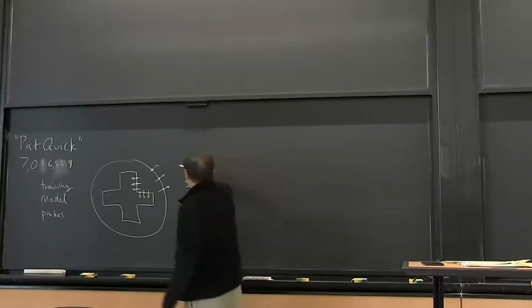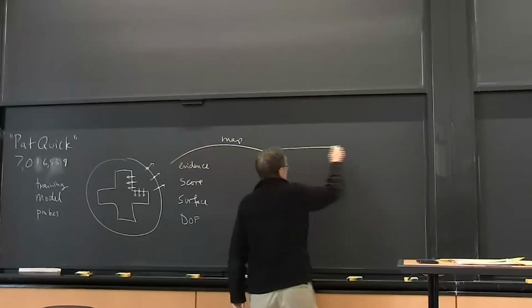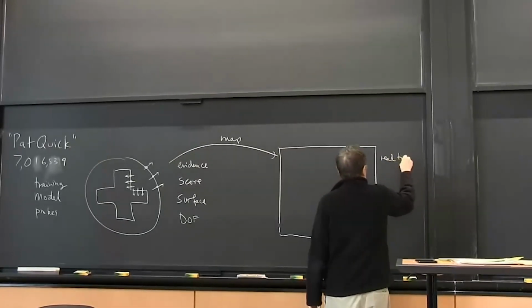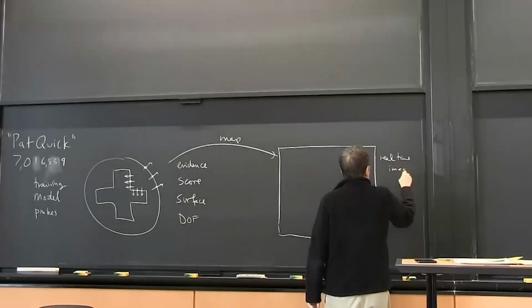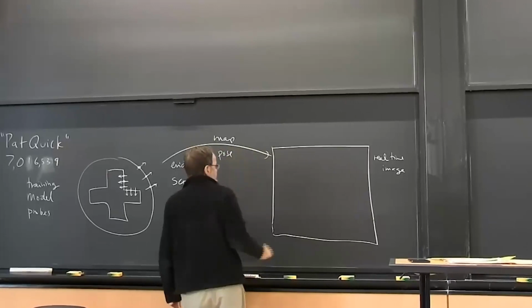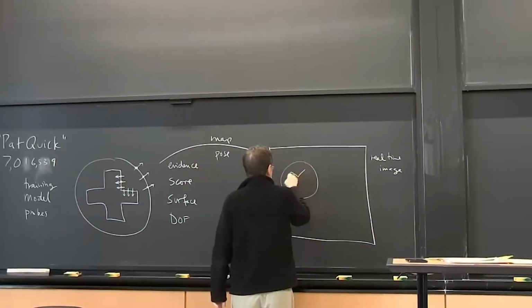Well, then we map the model onto the real-time image. And in the process, we use the pose, which is translation, rotation, and all these other things.